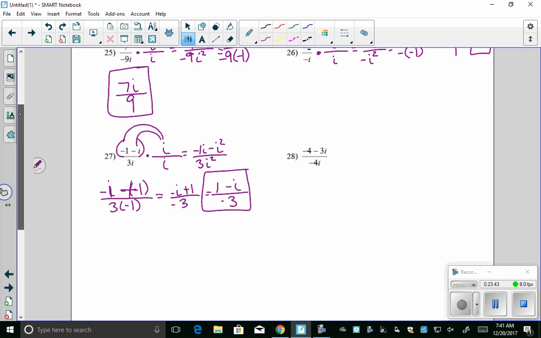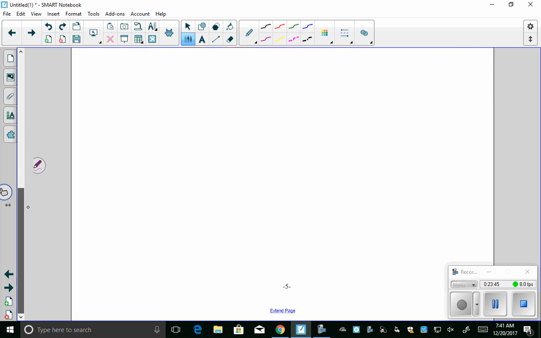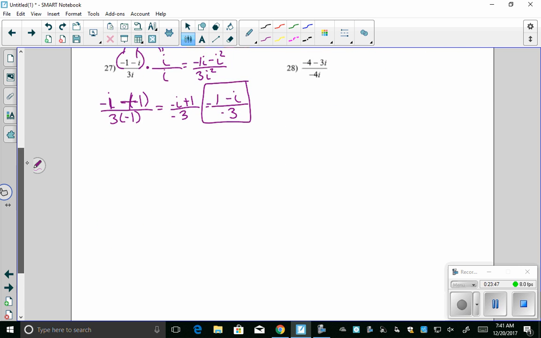I've got to make sure I did that on the other ones. Yep. All right. So number 28. Still a monomial on the bottom, so multiply both top and bottom by i. And you get negative 4i minus 3i squared divided by negative 4i squared, because you multiply everything on top by the i.